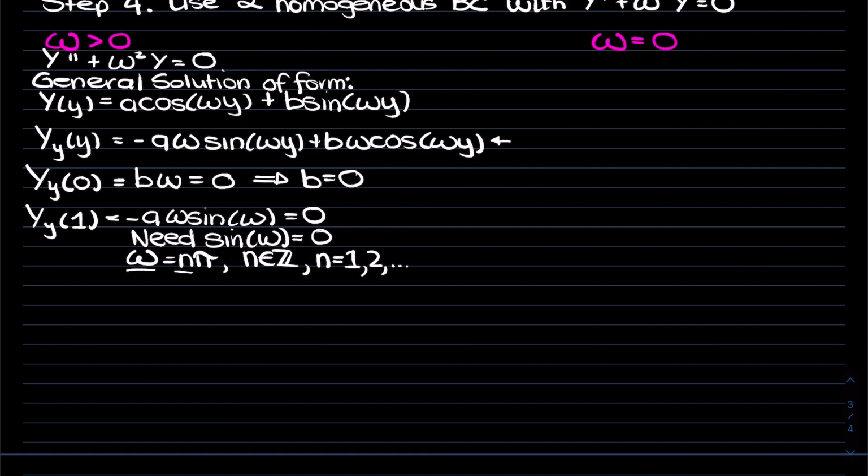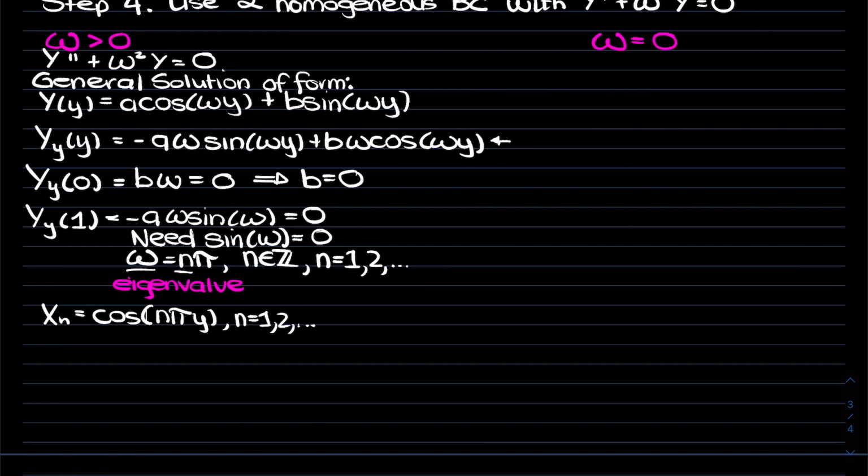On the right-hand side, we'll consider the case where n equals 0. So this here is known as our eigenvalue, this lambda, and that is the value that lambda takes when we're not getting the trivial solution. And this allows us to write X of n equals cosine n pi y for n equals 1, 2, and so on.